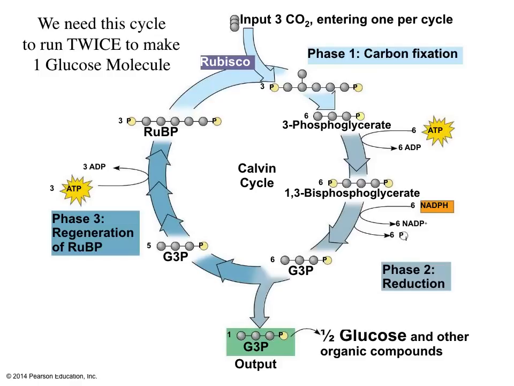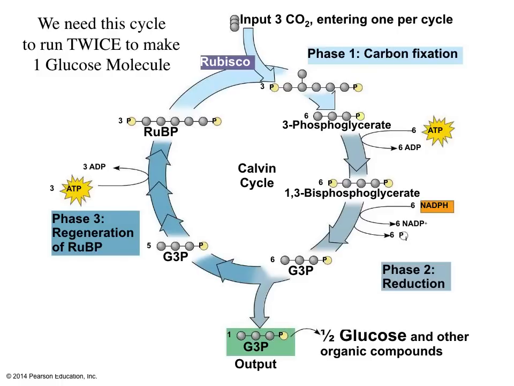And there's 3 of those molecules, so 6 times 3 is 18. So we have 18 carbons. And it gets converted into 3-phosphoglycerate. It breaks up into 3 carbon molecules, but now there's 6 of them, so 6 times 3 is 18. It's the same number of carbon atoms.